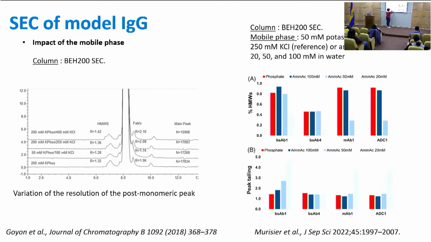For the peak tailing, that means the width of the main peak, you can see that it's higher most of the time for this mobile phase made of ammonium acetate at 20 millimolar. That means that when the peak tailing is important, you can miss a truncated form or a small aggregate because of this large peak which hides species that are there, but you cannot see them.